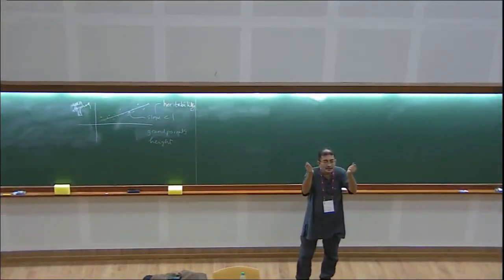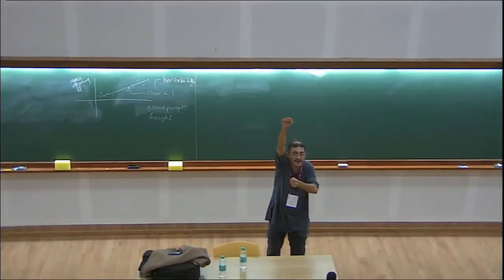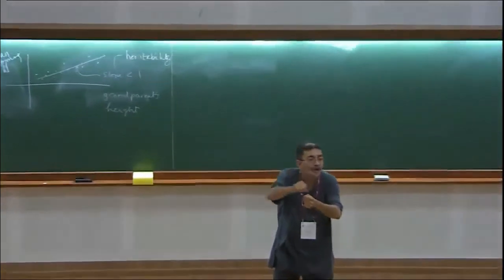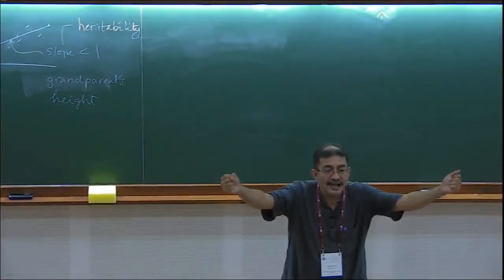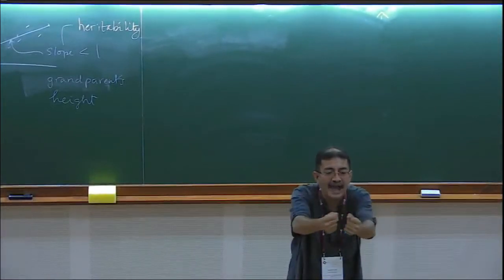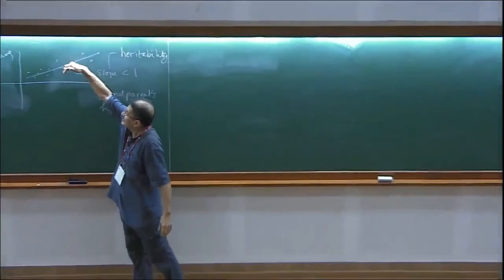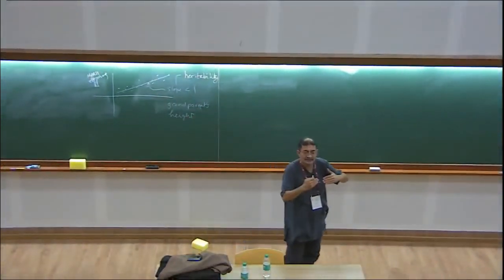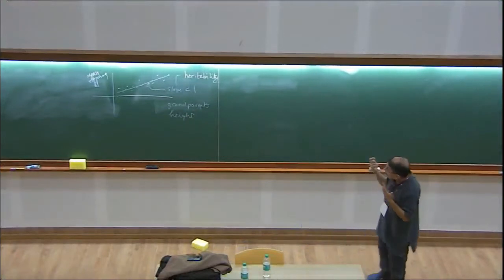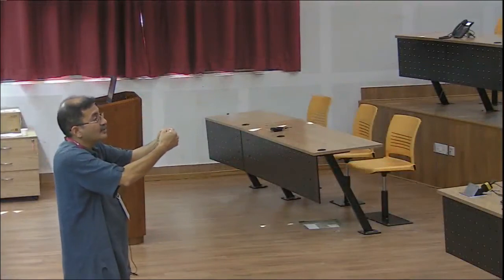So heredity, to his mind, because it involved the accumulated weightage of hereditary endowments from all previous generations, was a force that would tend to bring individuals back towards the population mean. And he believed that is why you see this slope always being less than 1. So you see a regression to the mean.